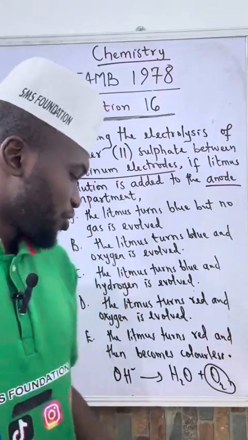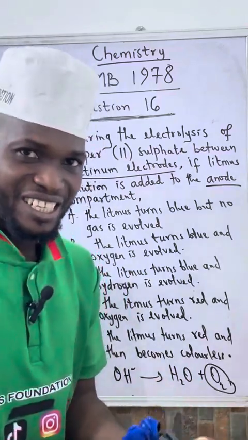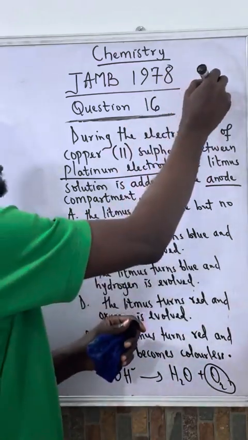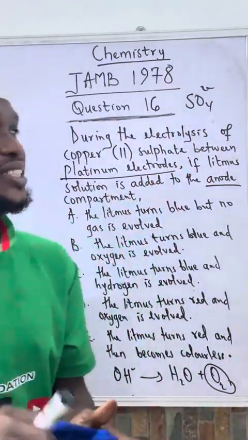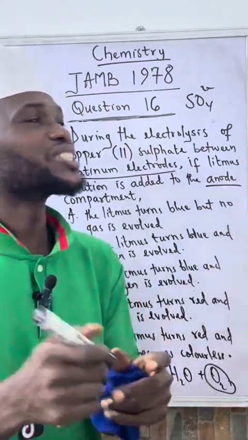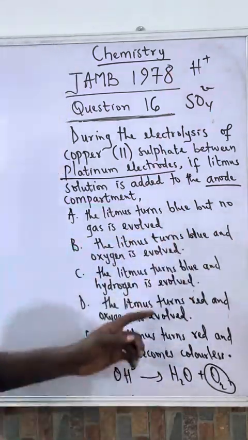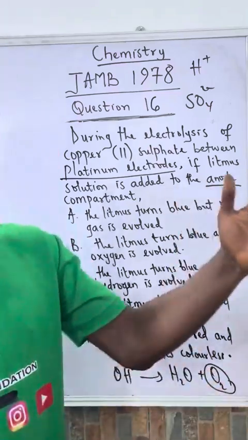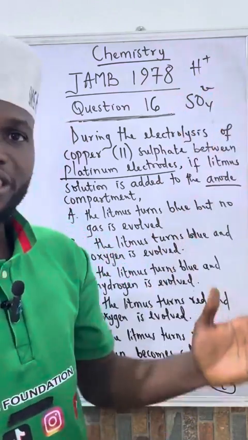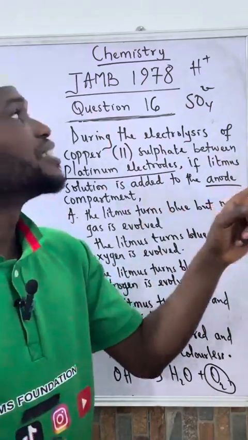Now, when hydroxide ion is taken preferentially, the SO4 2- that we have will travel back into the solution. Like I said before, it will travel back into the solution and combine with hydrogen ion, because at the cathode, it is copper that will be deposited. Due to the arrangement in the electrochemical series, copper will be preferentially deposited before hydrogen.